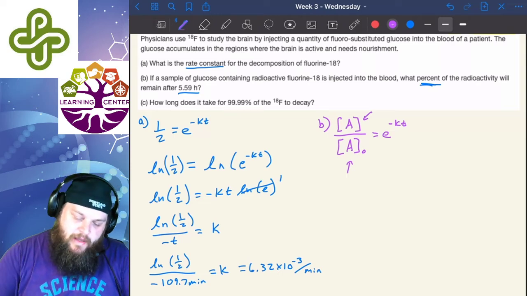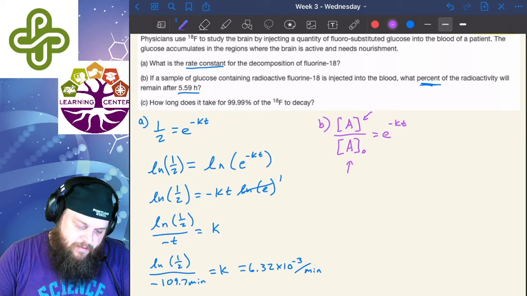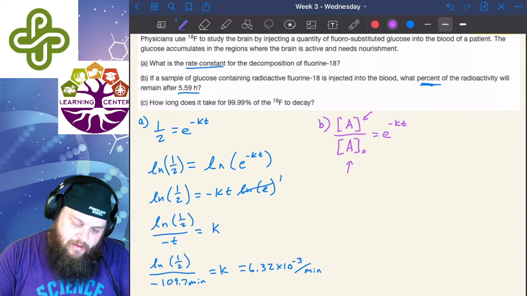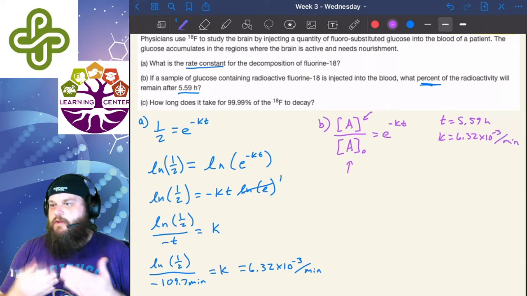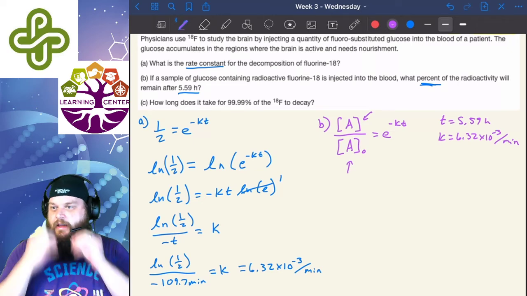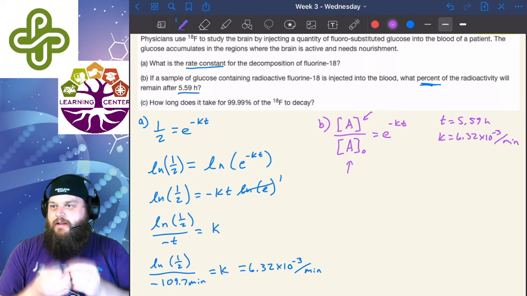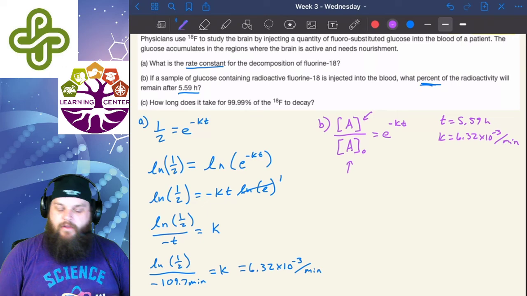So just plugging in the values that we have, we know here T is equal to 5.59 hours. We know that K is equal to 6.32 times 10 to the negative 3 per minute. Now we want those units to cancel each other out, because any exponential unit needs to kind of cancel itself out to make everything work out.